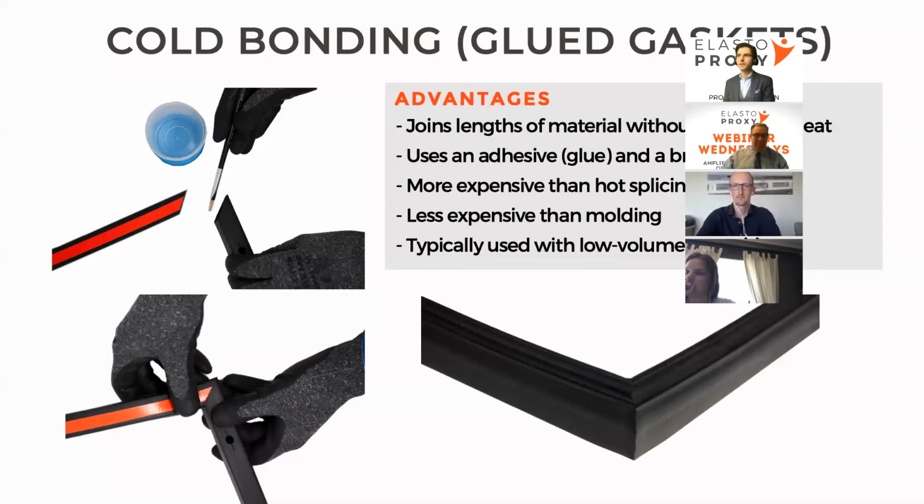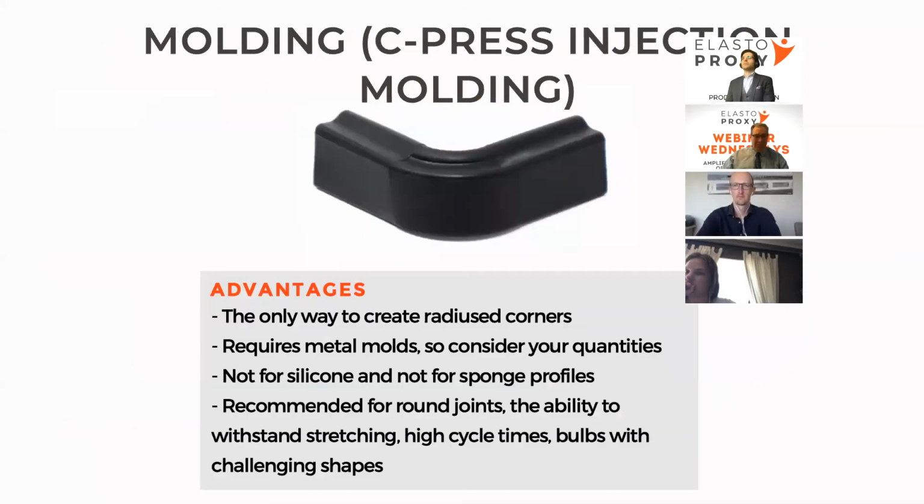Okay. Last thing that we have here is molding, or C-press injection. Great way to create radius corners. A lot of designs that we come across, depending on the door application or window or whatever the case is, even hatch seals, for example, tend to be designed with a rounded corner. It's very hard to bend certain profiles.